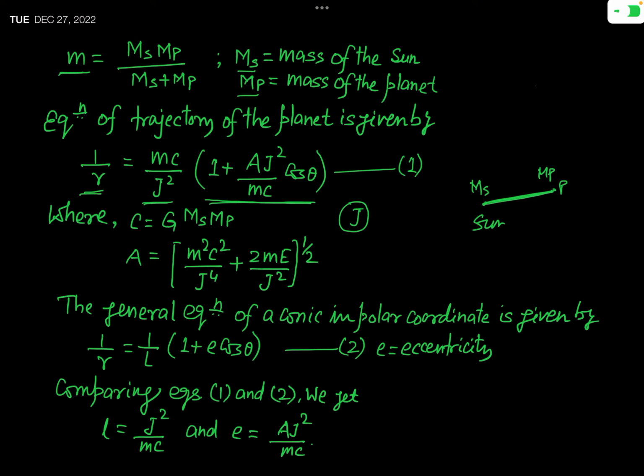And what is this c? You can say c is actually a constant, and in this case this constant is equal to G times ms into mp. G is universal gravitational constant, and you have seen in the earlier lecture that this constant a is equal to square root of m square c square over j to the power 4 plus 2 m E over j square.